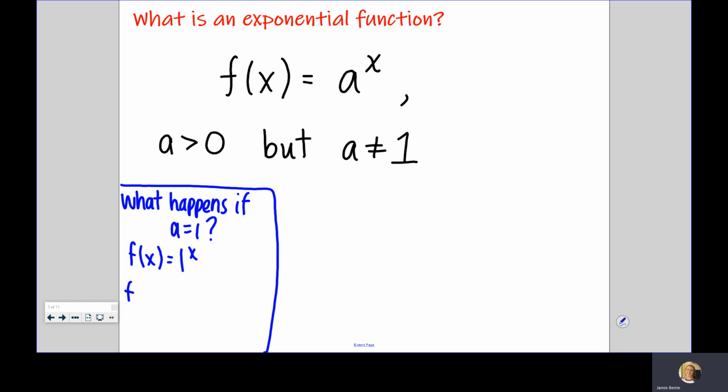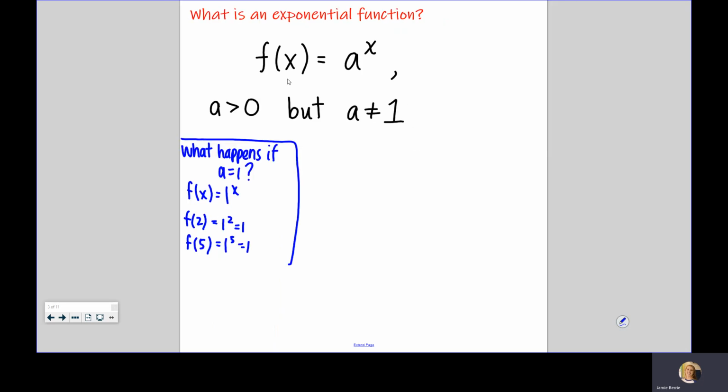What if we plug in 2? What's 1 squared? Still 1, right? If you plug in like 5, 1 to the 5th power, it's still 1. If you plug in 100, 1 to the 100, still 1. So this is not increasing really fast, it's not decreasing really fast, it's just constant.